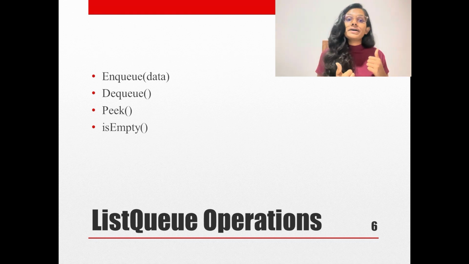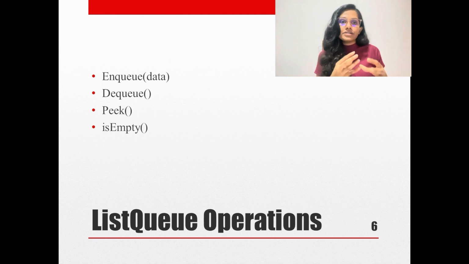We have talked about NQ and DQ, but let's memorize them again. NQ inserts a new element at the rear, and DQ removes the front element. And what is peek? Peek shows the front element without removing it. And isEmpty checks whether the queue is empty.